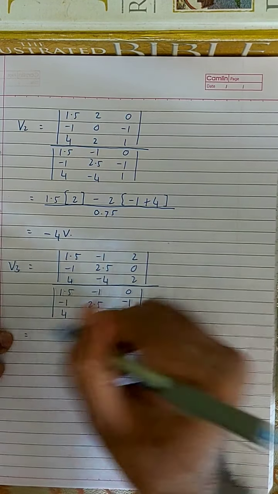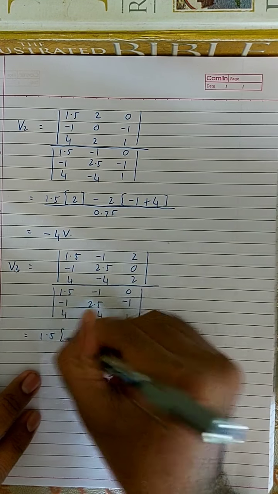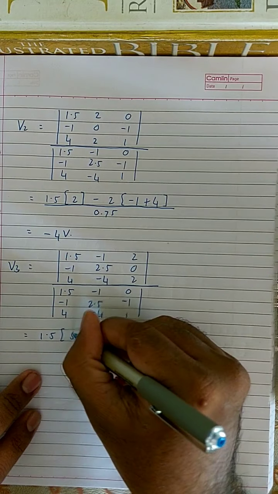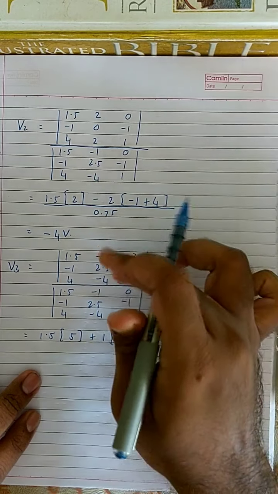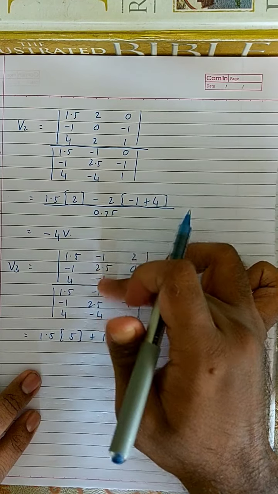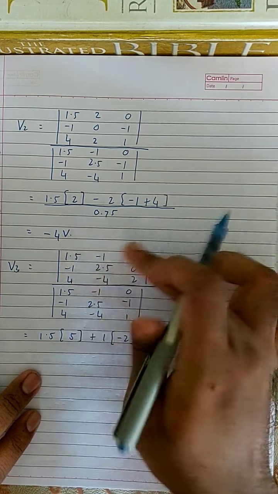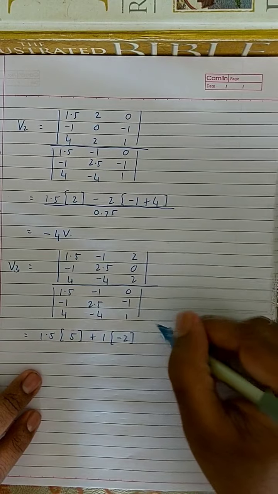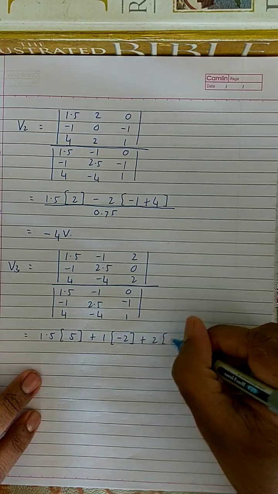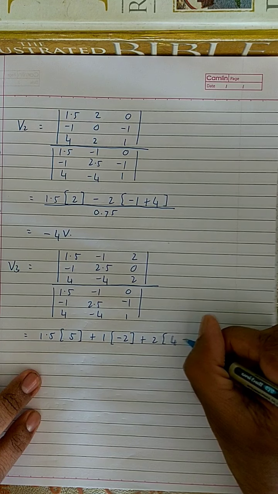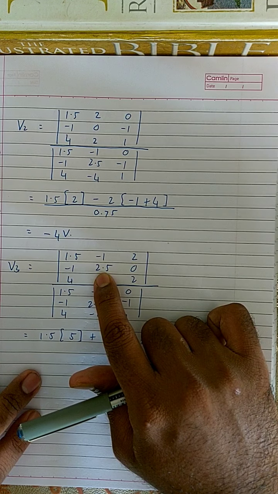Okay, so let me just find the answer. This is 1.5 into 2.5 into 2 is 5, right? 5 minus 0. Then here it will become plus 1 into, okay, plus minus becomes plus, so plus 1 into, this is minus 2, minus 2 minus 0, so it doesn't matter. Next is plus 2 into, this is 4 into 2.5, 4 into 2.5 is 10, right?